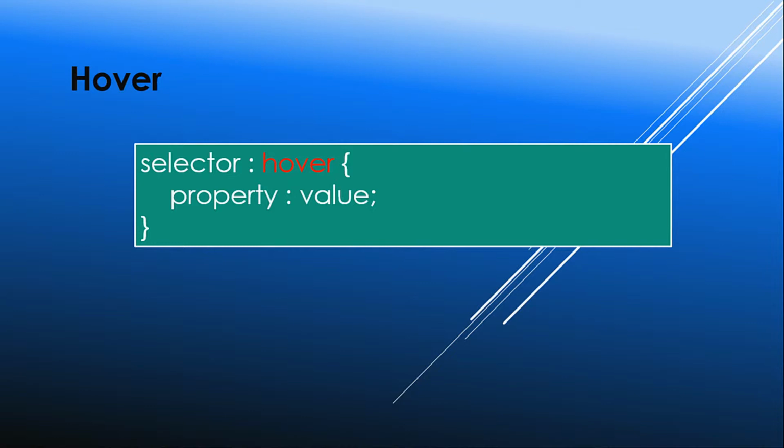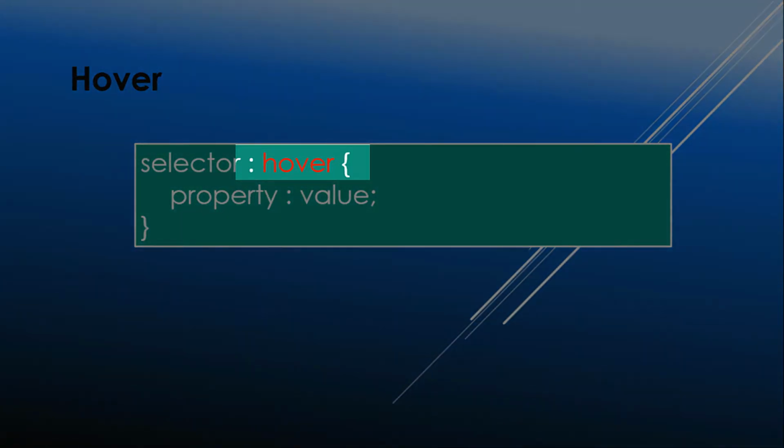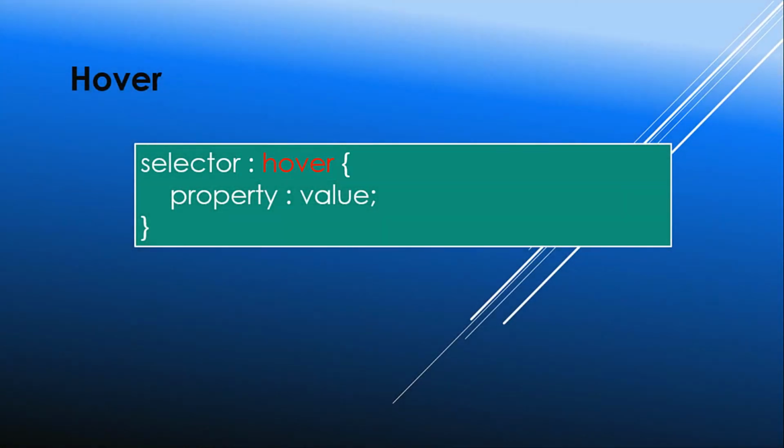All of them have a selector, then the pseudo class, which can be anything like focus, active, required, or hover in this case, then two curly braces, opening and closing. Inside those curly braces we have a property and the value of that property. So everything is exactly the same, only the pseudo class name changes. This is the syntax of hover.